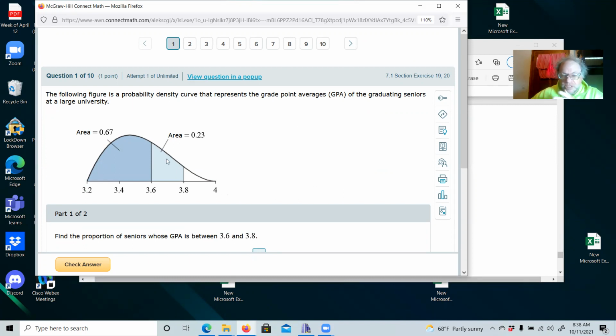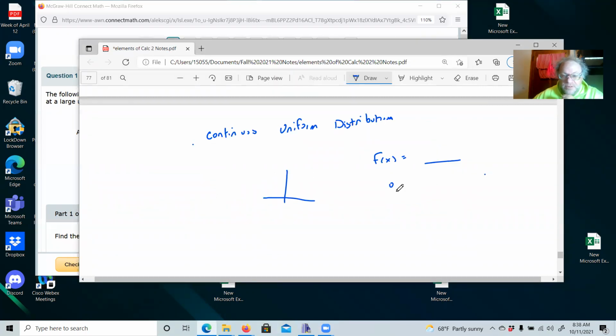We're going to get the GPAs of seniors here, and it's got this shape to it. It's going to look like some kind of a curve, and our job is to find the areas under these curves, because those are the probabilities.